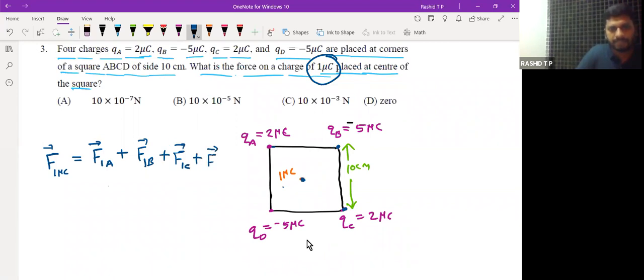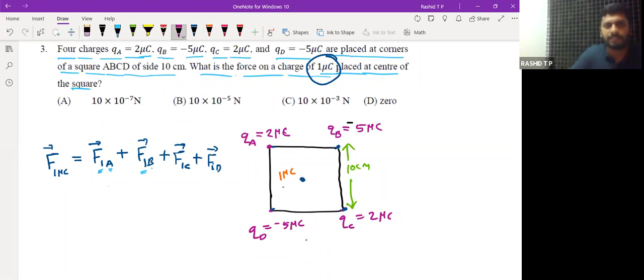These are all vector sums. The force experienced by this charge because of this one is F1T. This is the force experienced by charge 1 due to charge A, force experienced by charge 1 due to charge B, and it goes on.